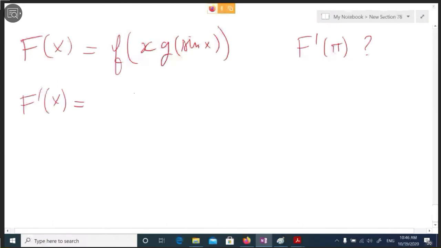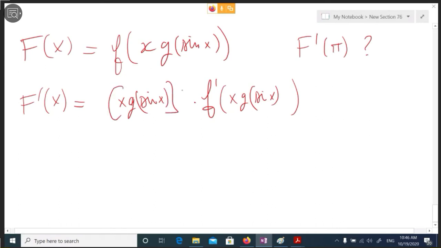So how do you take the derivative? Apply the chain rule. So this is the derivative of f at its argument, times the derivative of the argument. So this is how you solve this problem here. Now, what is the derivative of the argument? You apply the product rule.